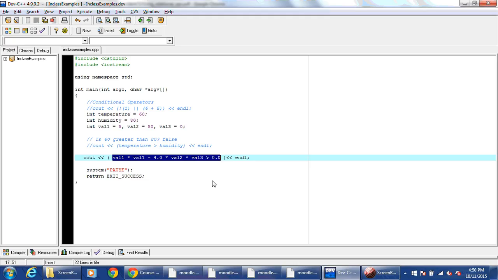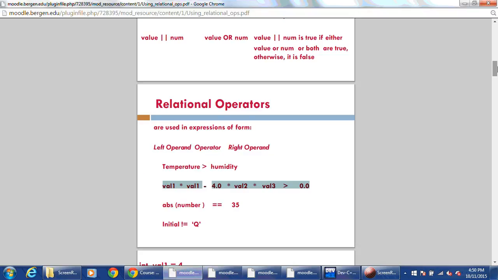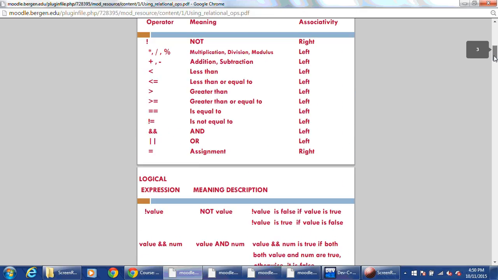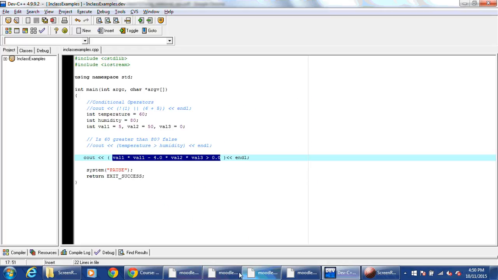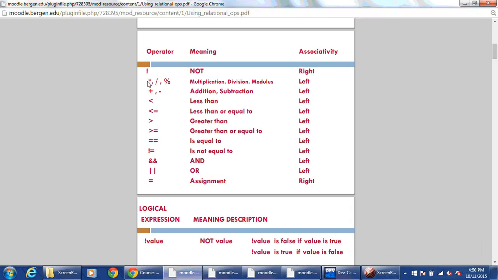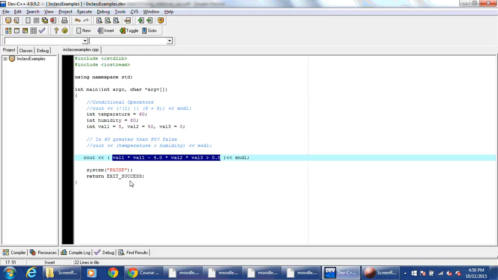You have to go back to the precedence chart. Remember the precedence chart? If we go back up, who wins? Well, the not is here, but there is no not operator here, so we're good with that. But there are multiplication and addition ones. So we have to evaluate them first. We have to multiply 5 times 5, because val1 is 5. 5 times 5 is 25, minus 4.